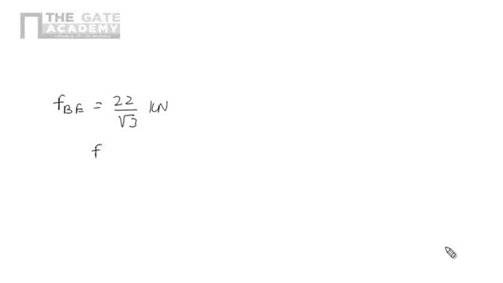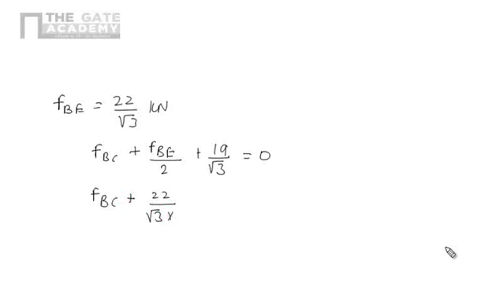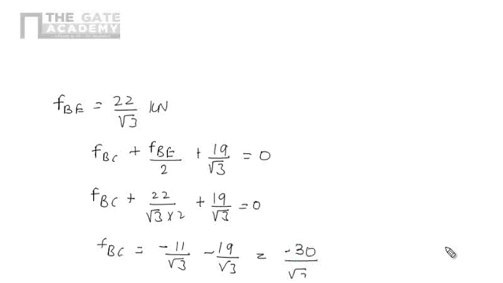In our previous equation, FBC plus FBE by 2 plus 19 by root 3 equals 0, we put this value and we have 22 by root 3 into 2 plus 19 by root 3 equals 0. FBC will be minus 11 by root 3 minus 19 by root 3, so we will get minus 30 by root 3.